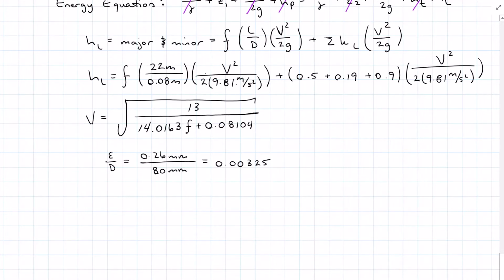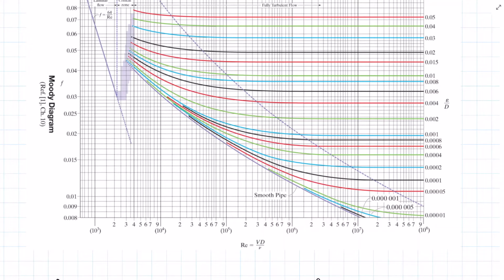So I'm going to come up to my Moody diagram. My value is going to be somewhere in here. So I'm going to start with a guess of 0.03 because it starts to get real tight and narrow here with a smaller Reynolds number. And I'm kind of hoping for the larger Reynolds number size. So that's what I'm going to start with.